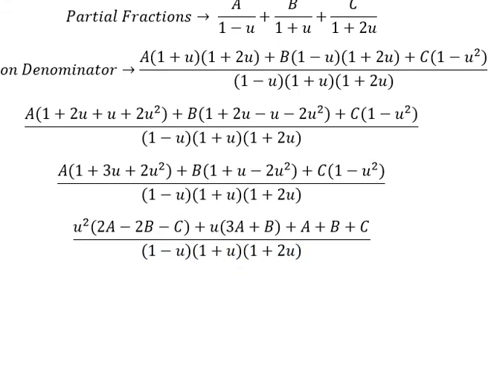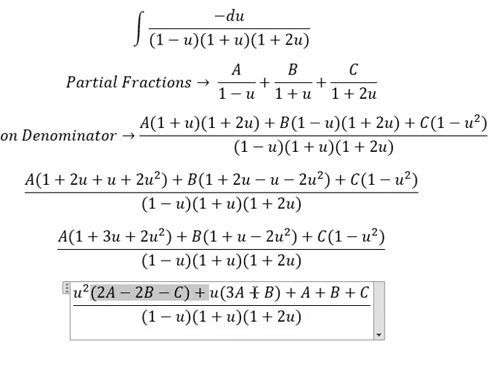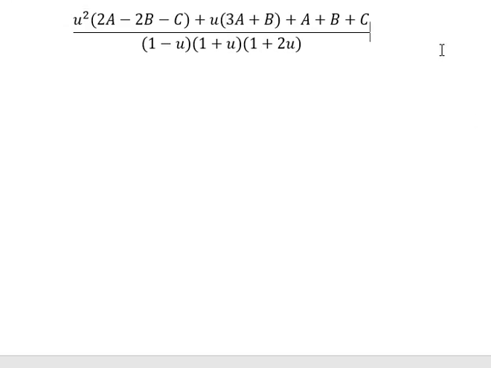So if we look carefully about coefficient, we have negative number 1. That means A plus B plus C equals to negative number 1. We don't have u and u square. That means this one and this one equal to number 0. And now we create the system of equations.